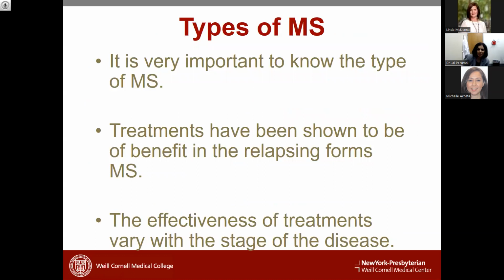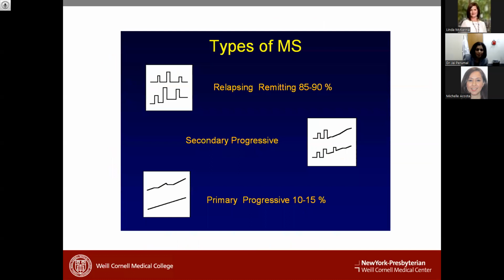With regard to the types of MS, it's important to know the type because the relapsing form of MS is what responds very well to treatment. Progressive MS doesn't respond very well, though some of the treatments have an indication in progressive disease, they really don't help that much. And all treatments work well in the early part of the disease, they don't work well as we go on.